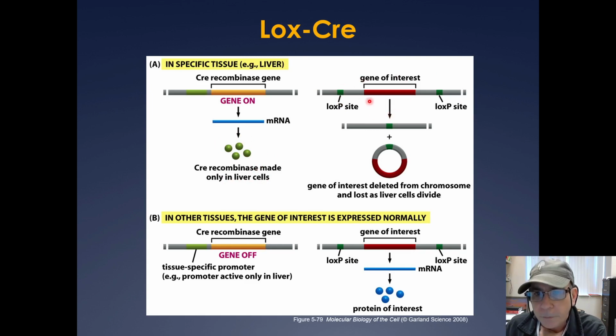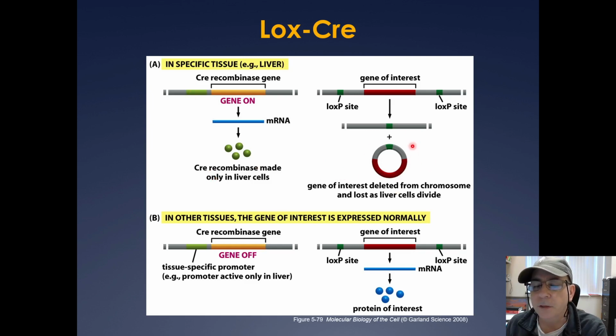The LOX-P sites are where the CRE recombinase will excise a piece of DNA. The CRE recombinase will recognize these LOX-P sites, and in the liver, this gene will be removed because the CRE recombinase is under the control of a tissue-specific promoter, and it will pop it out.